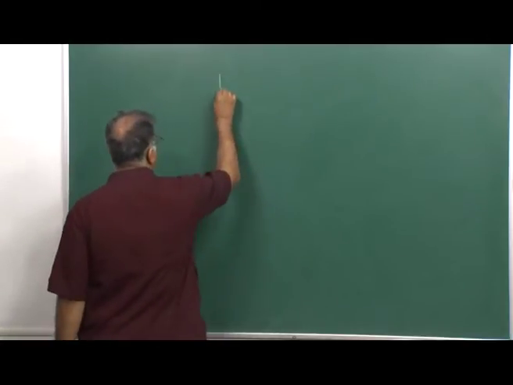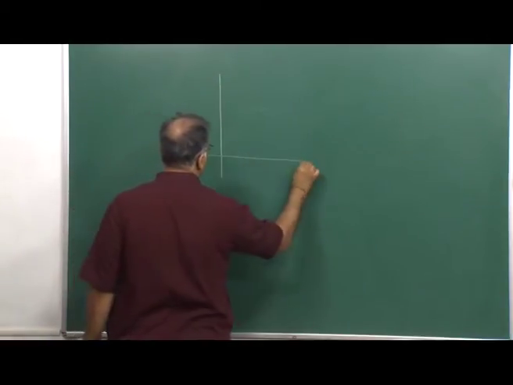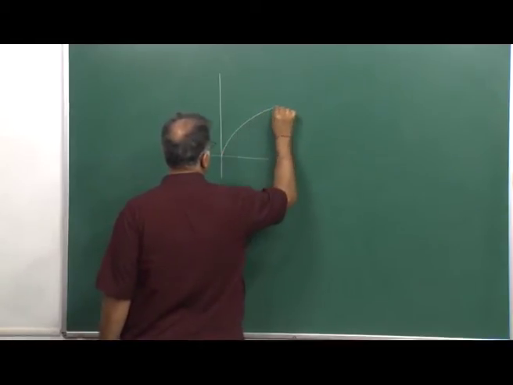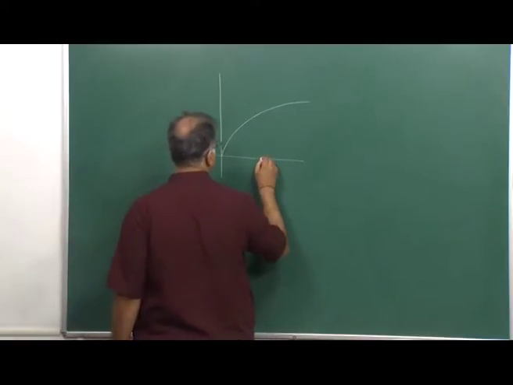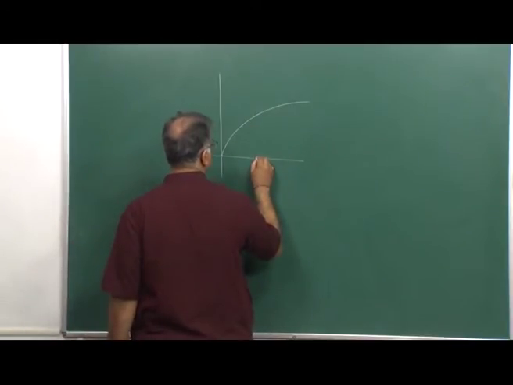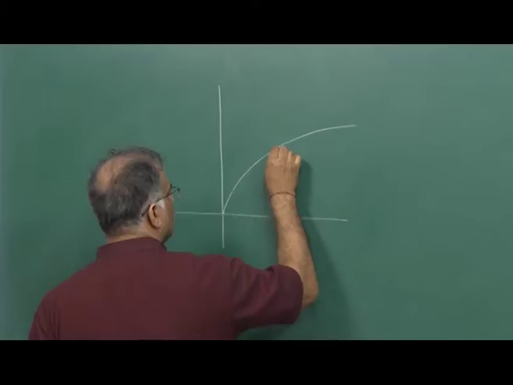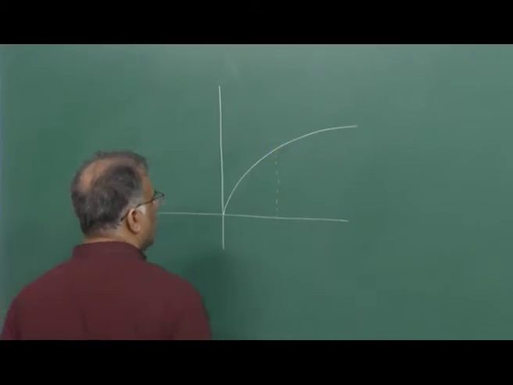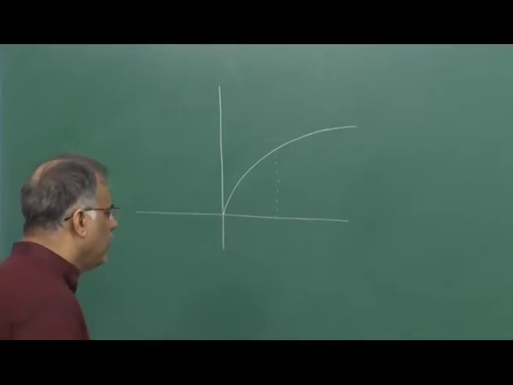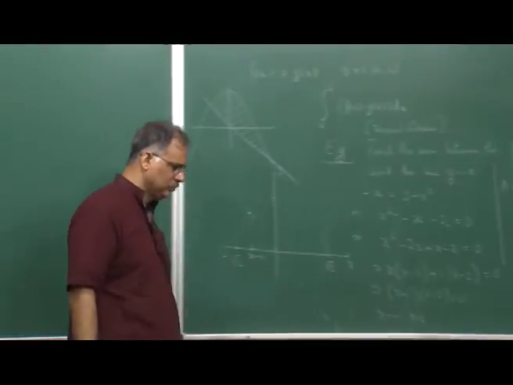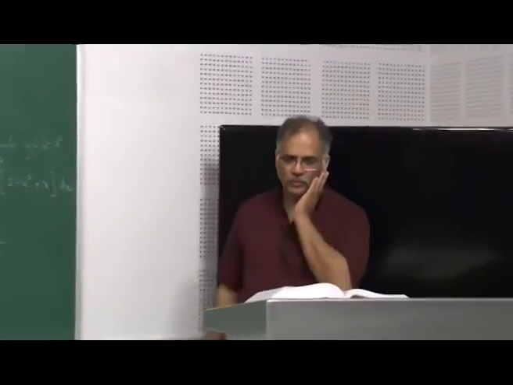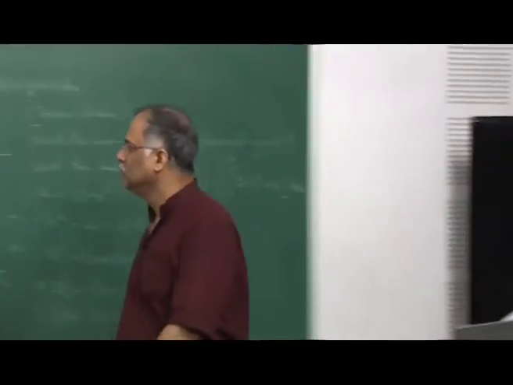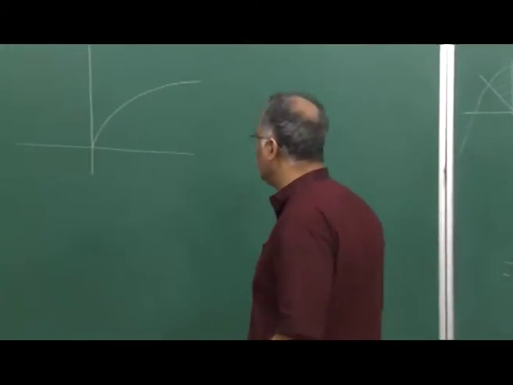So, I am supposed to find, so this is your y equal to root x. When x is 2, this is root 2, so this is 2. And through 2, the line y equal to x minus 2 passes, because when x is 0, y is minus 2, and when y is 0, x is 2.